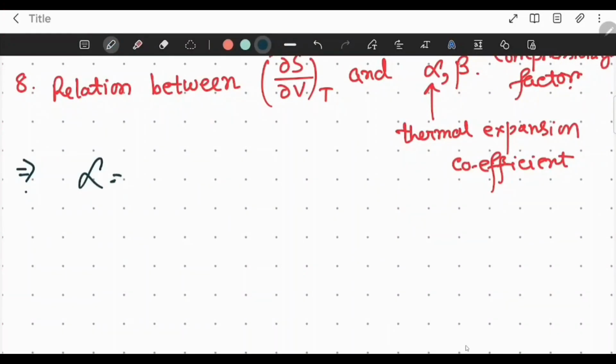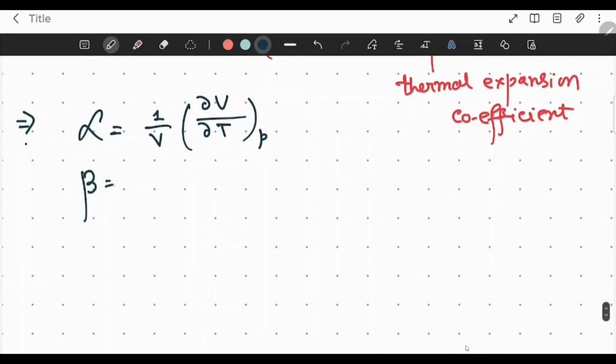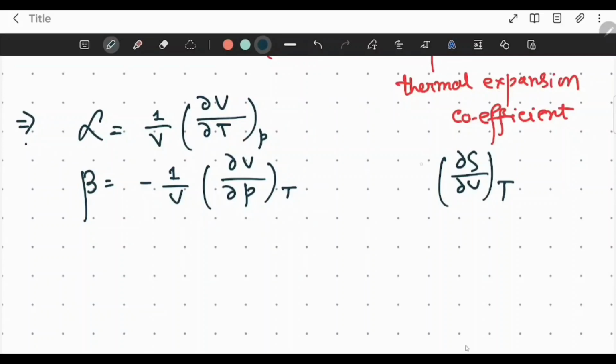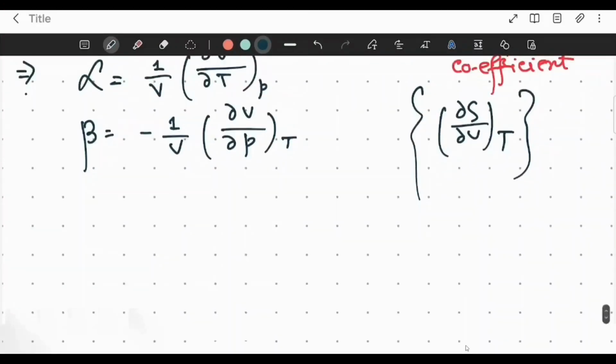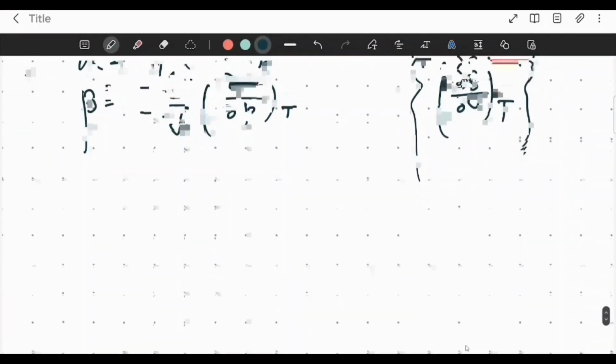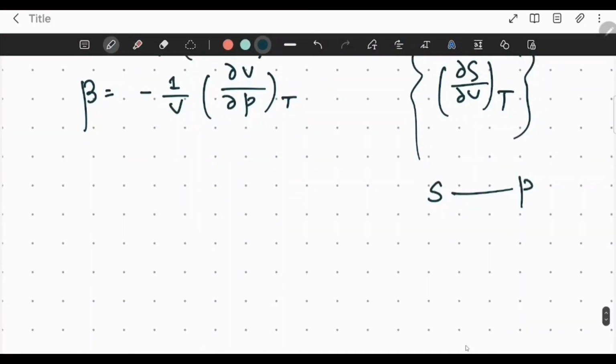So what is alpha? The form of alpha is 1 by V del V del T at constant P. And what is the form of beta? Minus 1 by V del V del P at constant T. So we have to establish the relation of del S del V at constant T with these two. Eventually it's clear there is nowhere S, so we have to consider our Maxwell relation.